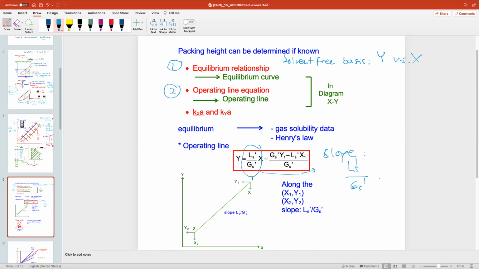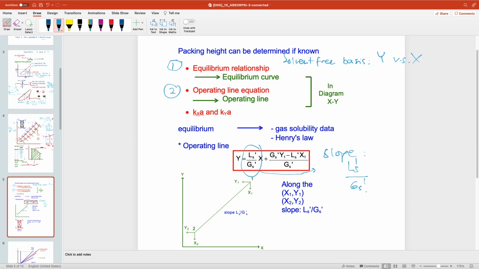Now, can we change Gs, or is it determined from the problem? Do we know Gs' from the problem, or can we change it?